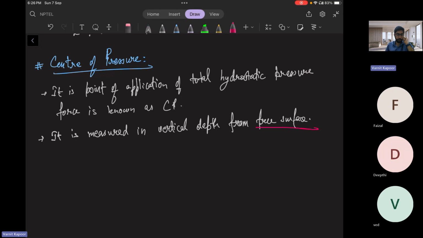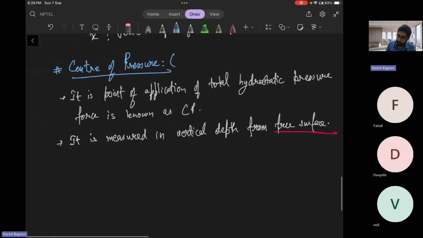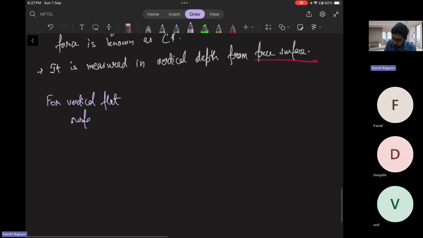So for a vertical flat surface, what is h bar? That is the center of pressure point. H bar is the symbol for this. I'll write here the distance h bar, the center of pressure position. First we will see a vertical flat surface, and even for inclined we will see.